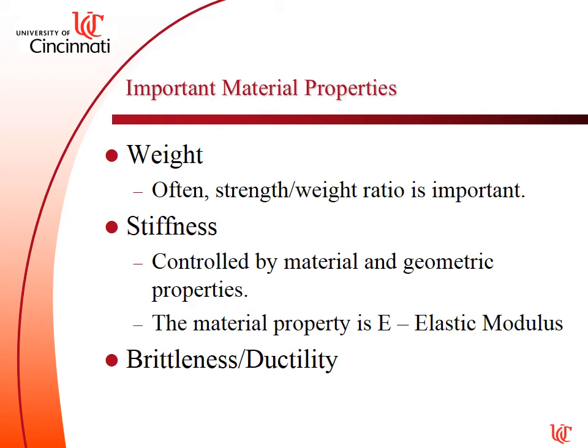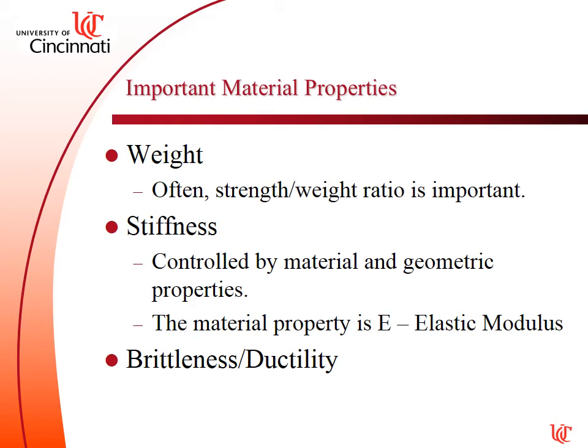By the same token, if we compare steel to concrete, steel, based on its modulus of elasticity, is probably 10 times stiffer than concrete. So again, is there a trade-off there? Think about modulus of elasticity. The last one up here is brittleness versus ductility.